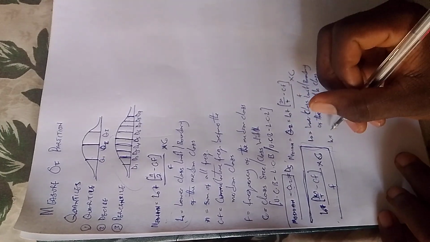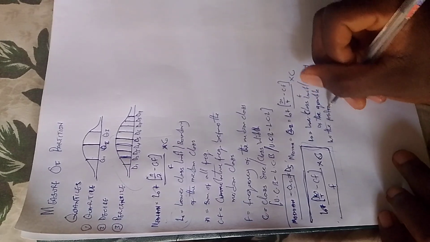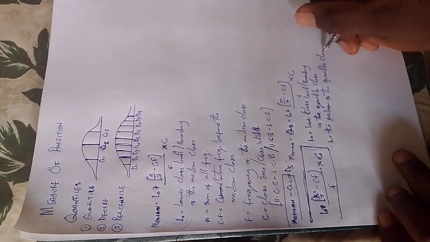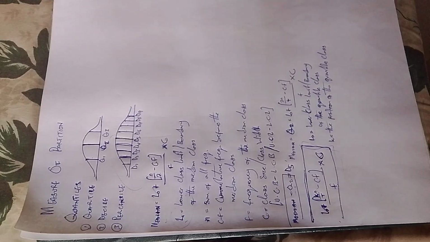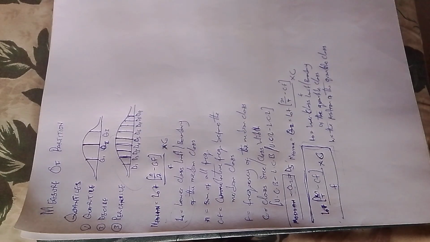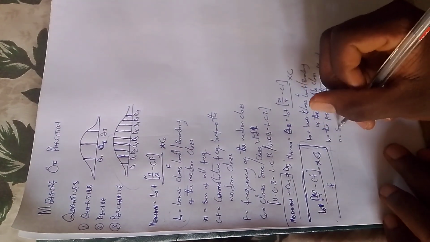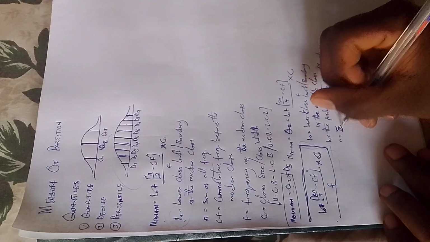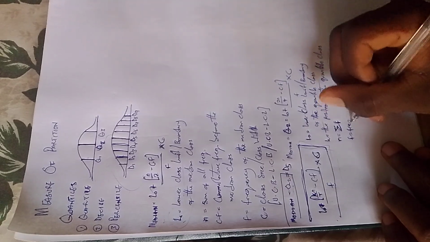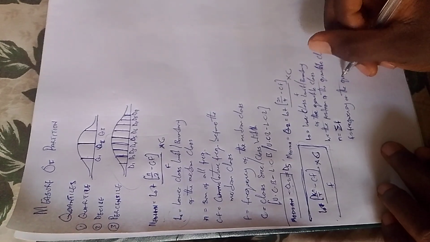Your K is the position of the quantile class. It can be the position of the quartile class, the decile class, or the percentile class. Your n is the sum of frequency, that's your summation f. Your f is the frequency of the quantile class.